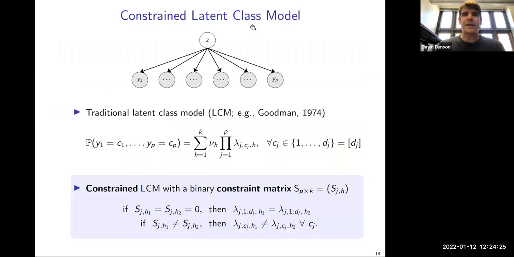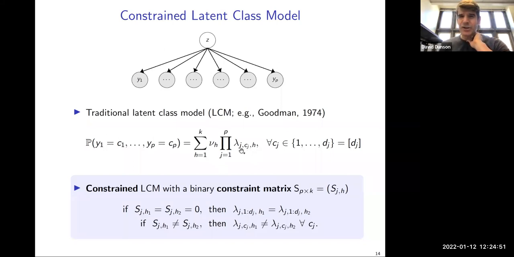Okay, so a latent class model is just one layer deep, and so we have a bunch of y's. Underlying that, we have a z, which takes some values, 1 to K. And the probability that z takes value h is nu_h. The probability distribution on the y's conditionally on a given value for z is just expressed through the lambdas.